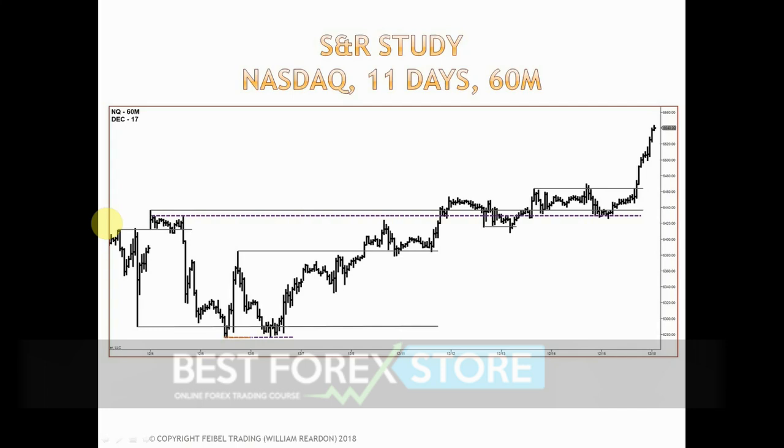So this is a local level of support underneath major support, where there's evidence of buying and no supply in this area. So this local support and this major support are working together.